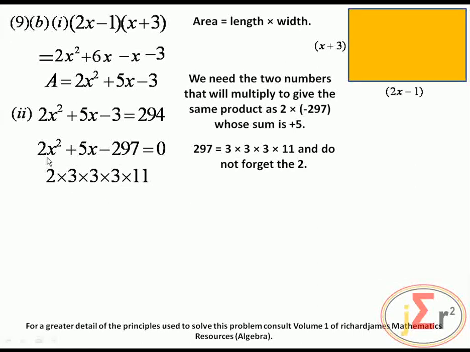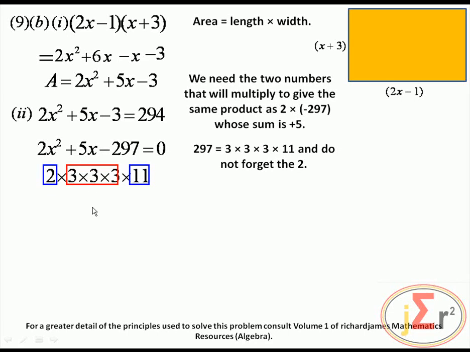And of course, since we are multiplying a positive by a negative, one of the numbers will be positive and the other will be negative. So we have those two numbers: 3 times 3 times 3, so that is 27, and 2 times 11, that is 22.